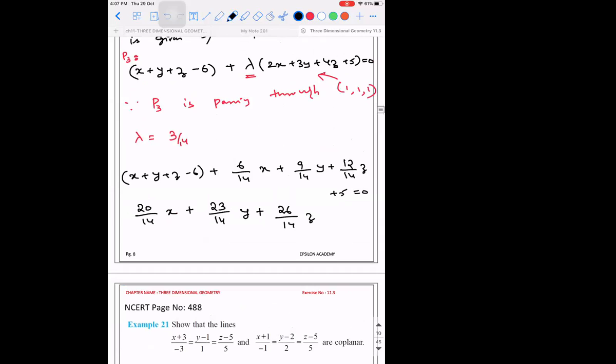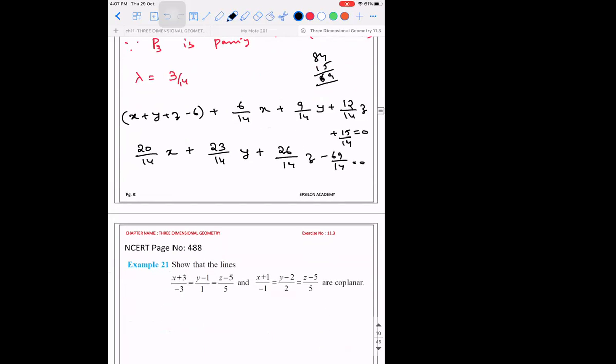Plus 15 by 14 minus 6, how much is that? Minus 84 plus 15, that is minus 69 by 14 is equal to 0.